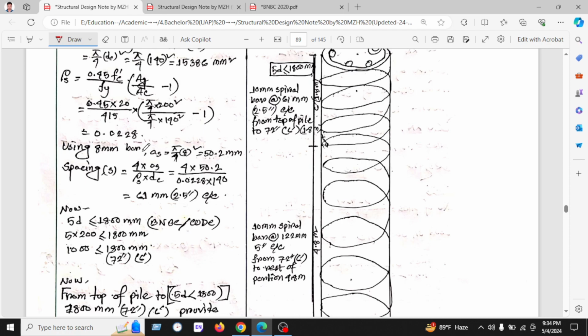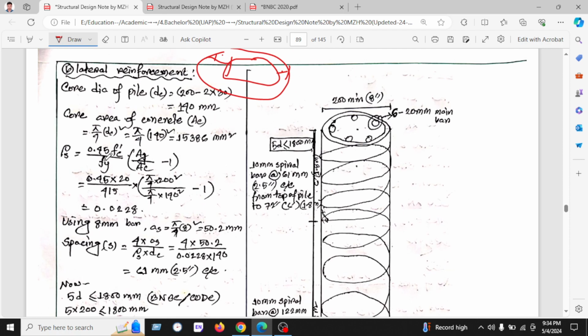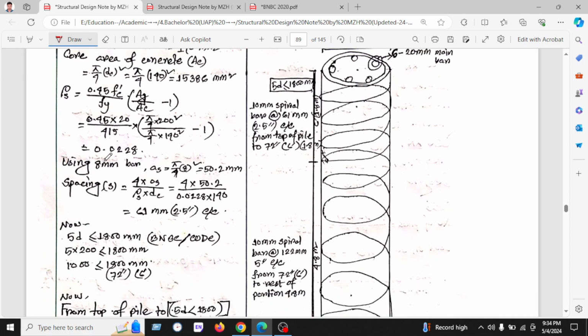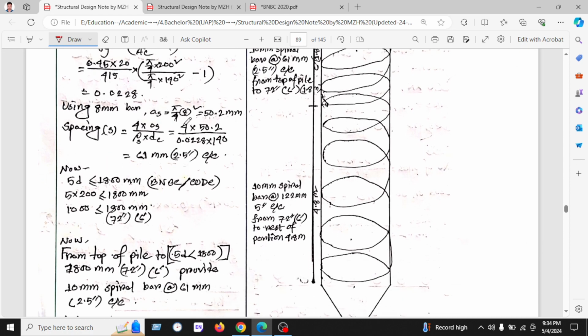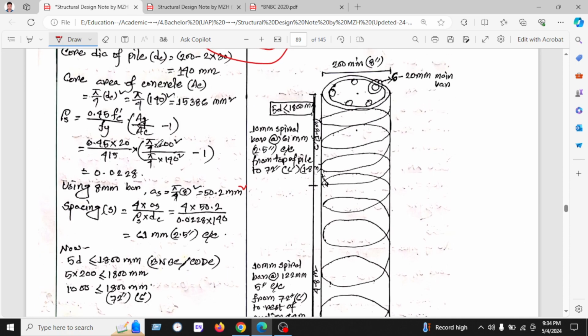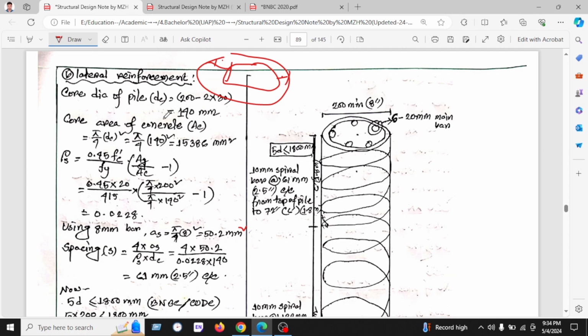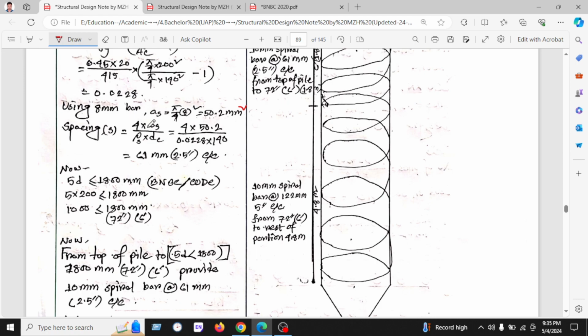And now we will use an 8 millimeter bar as transverse or lateral reinforcement, and we know the 8 millimeter bar area is 15.2 millimeter square, and spacing we will use 4 As over rho s into Dc, where Dc is the core dia of pile, which I described earlier, and found 61 millimeter, which is 2.6 inches center to center.